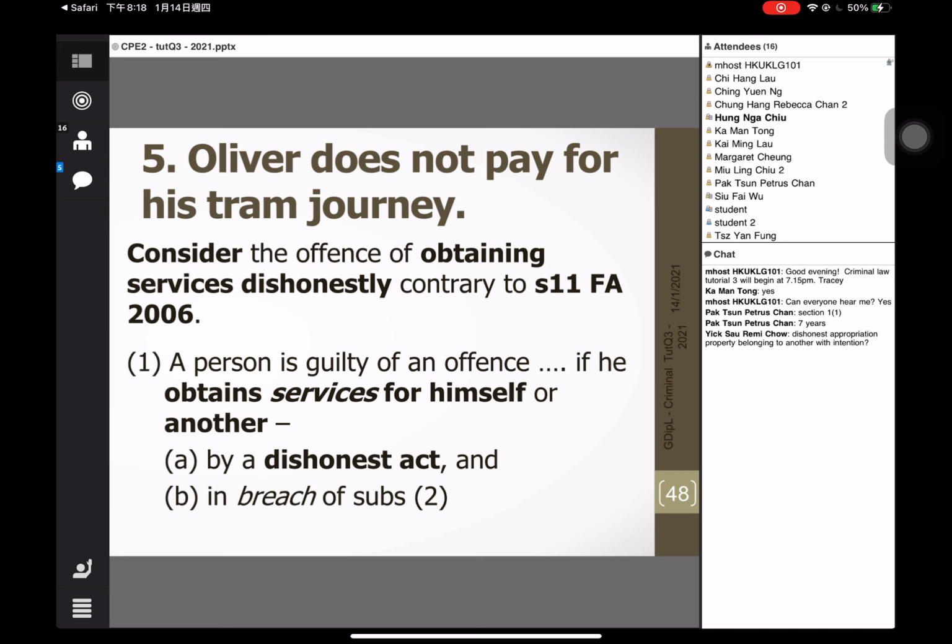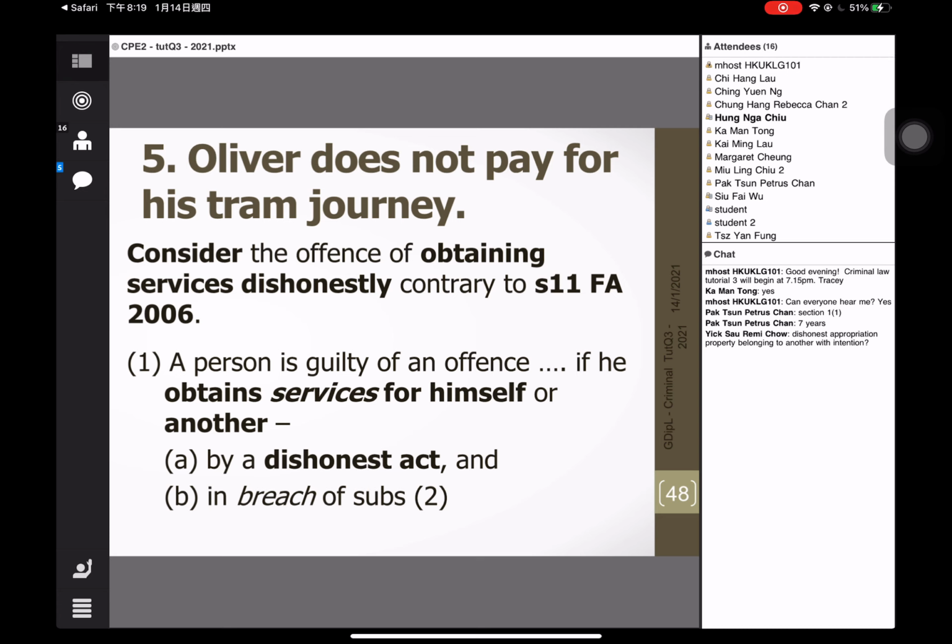Obtaining services by deception was previously the law under Section 1 of the Theft Act 1978, but with the Fraud Act, any of those deception offences were abolished and abrogated. So here we need to look at this fairly new offence, obtaining services dishonestly.